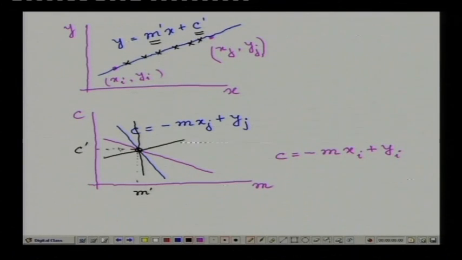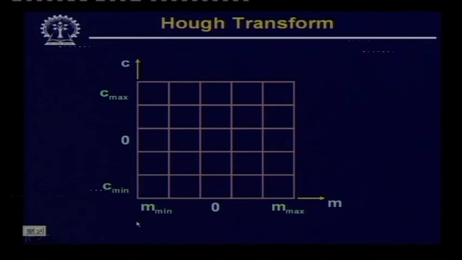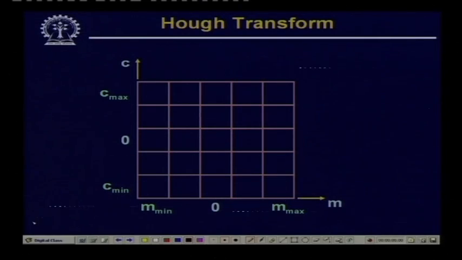So, for implementation, what we have to do is, this entire MC space has to be subdivided into a number of accumulator cells, as has been shown in this particular figure. Here you find that this MC plane is divided into a number of smaller accumulator cells.